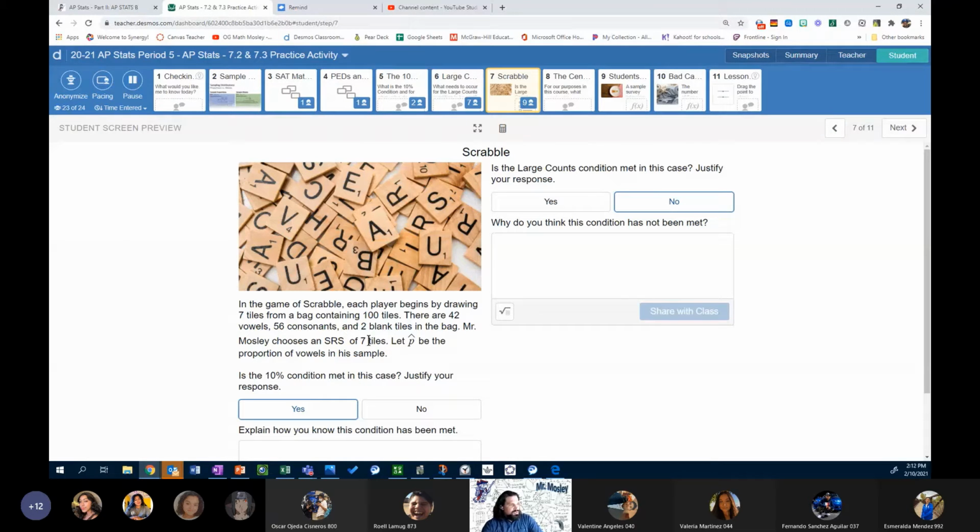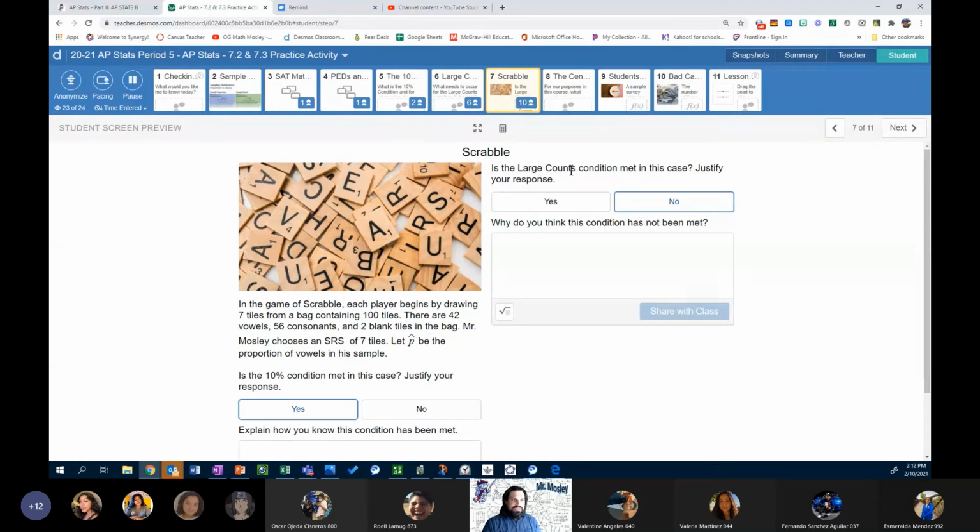Mr. Mosley chooses an SRS of 7 tiles, so n equals 7. P hat is the proportion of vowels in my sample. Is the 10% condition met? The answer is yes, because 7 is less than 10% of 100. 10% of 100 would be 10, and 7 is less than 10. We're good to go. 10% condition is met.